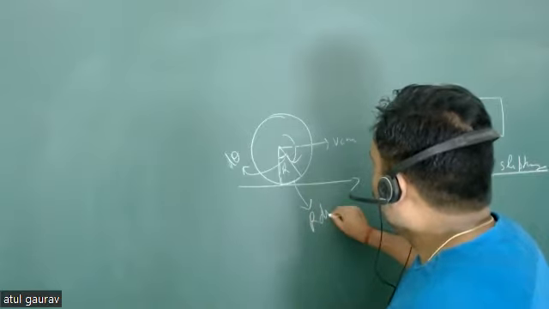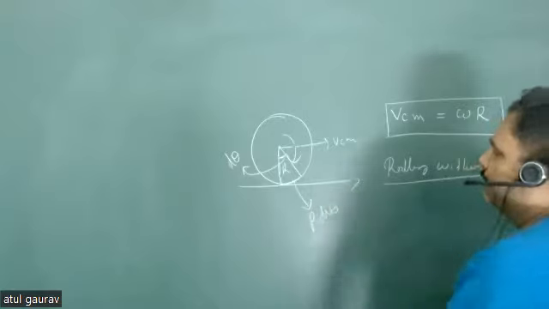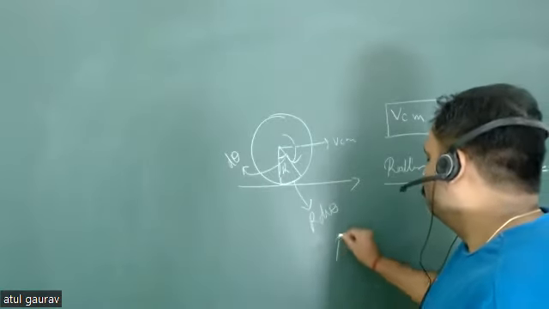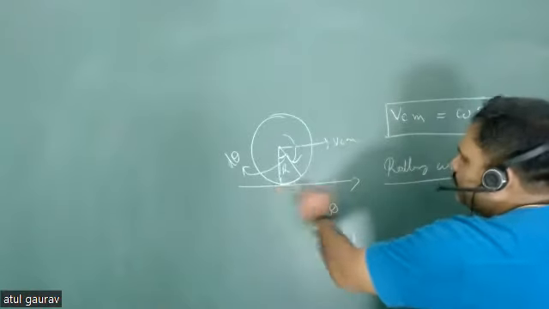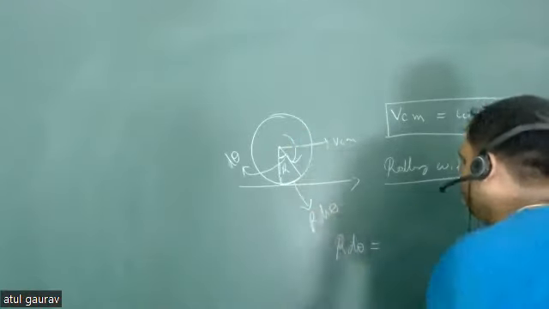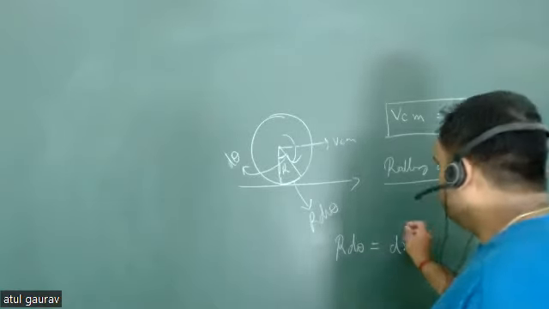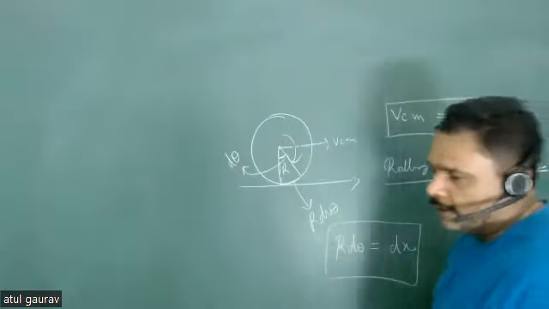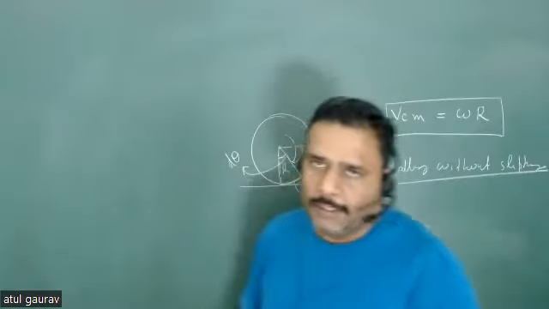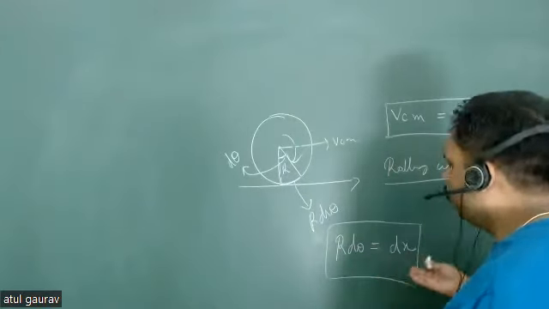R into d theta. And if R into d theta is exactly equal to the distance traveled by this sphere, which is dx, then you are executing the condition of rolling without slipping.